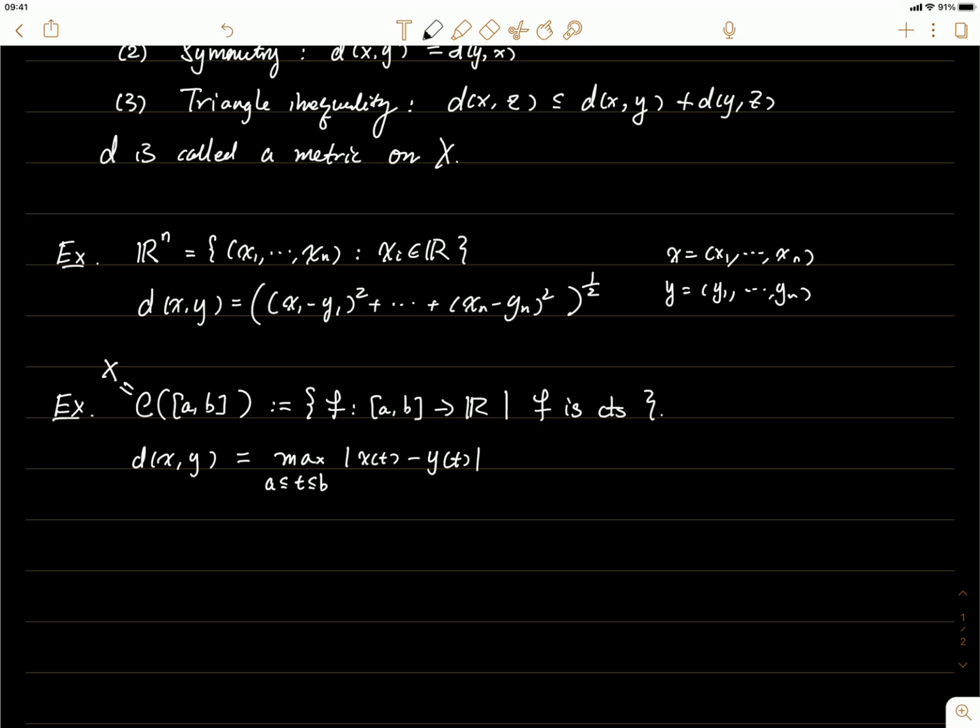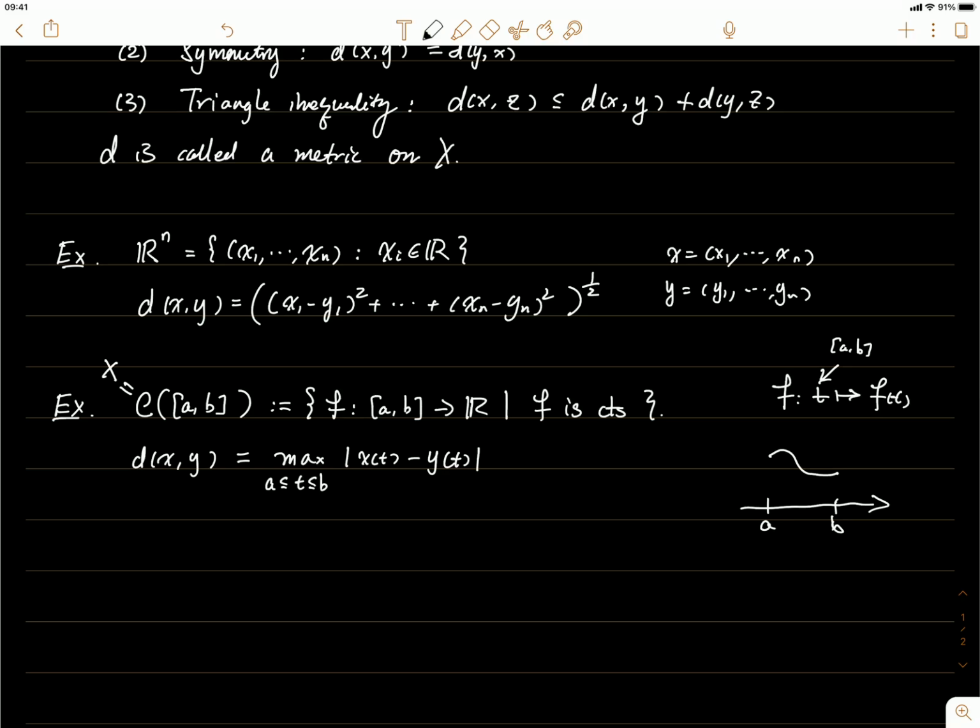Okay, so here, this f is like a function mapping t to f of t. This t is a point between a and b. And now for any two given functions, x and y, which plays the role of this f here, we can take the difference. Say I have, this is my a, this is my b, and one function looks like this.